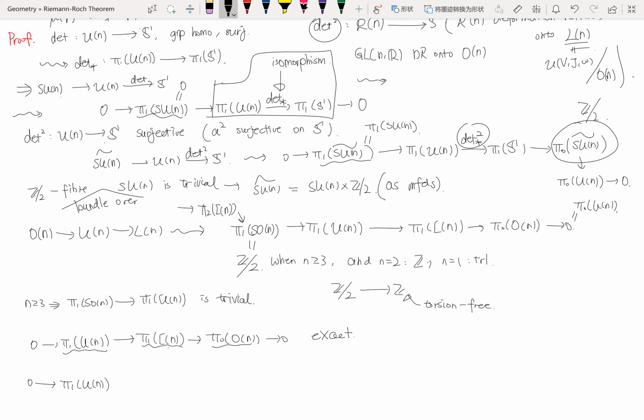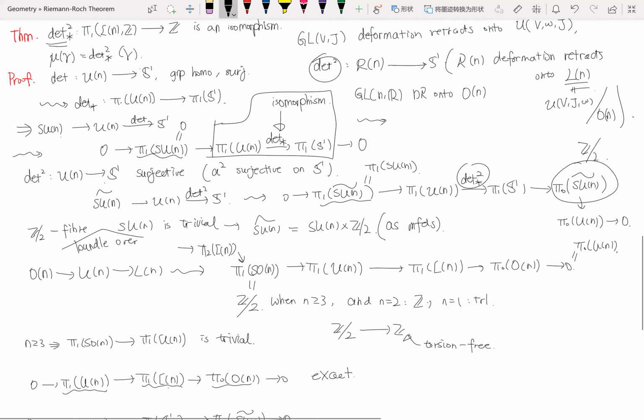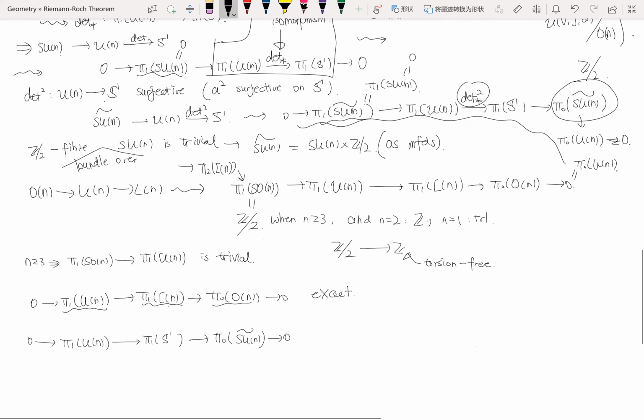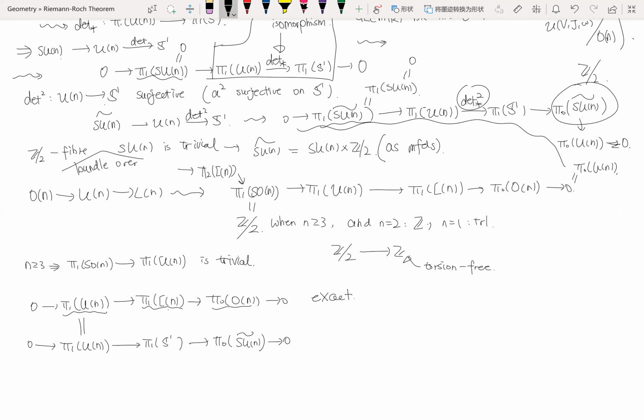So we know that there is another sequence concerning S1. That is what we have obtained before. But this is trivial, and we know that this is also trivial. So this gives a Z sequence, and we know that this is when we pick this to be identity, and this to be determinant square star.